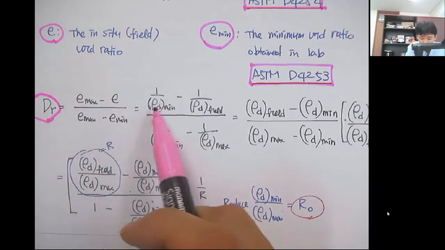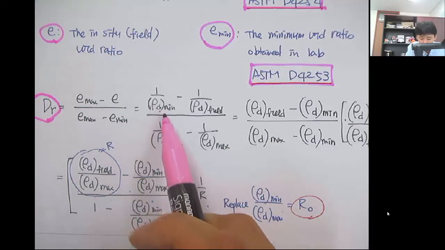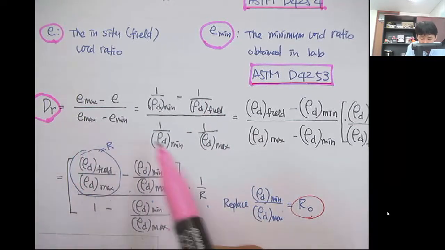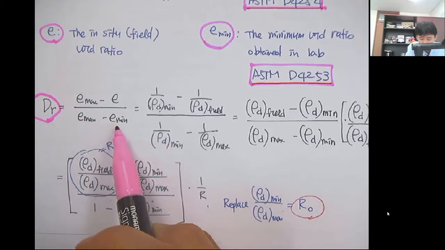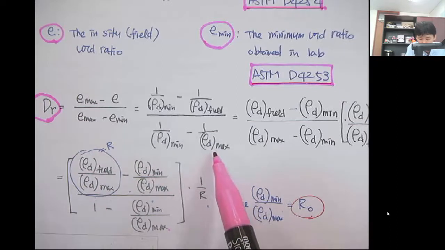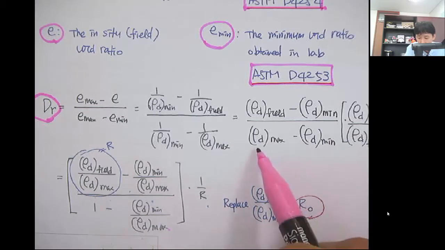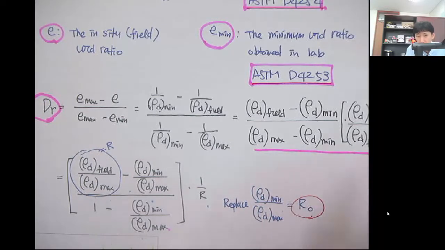So e max corresponds to 1 over minimum dry density, and e is 1 over field dry density, and e min, the minimum void ratio, corresponds to 1 over maximum dry density. Then if you manipulate and simplify this equation, you get this.